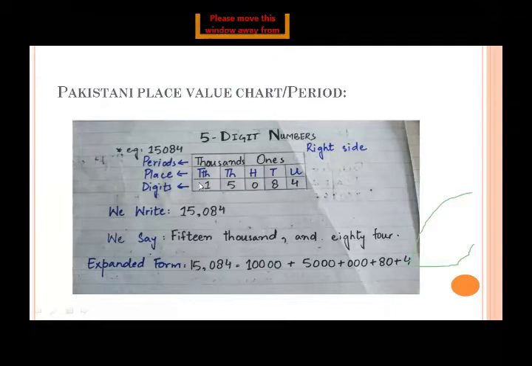And whenever we write a number in words or read it, we just consider it with 1,000. Okay, so 15,000, there is nothing in the place of 100 except 0. So you never write 0 in words, we don't read it and don't consider it. And then 84. In this way you write a number in words, and in this way in figures.